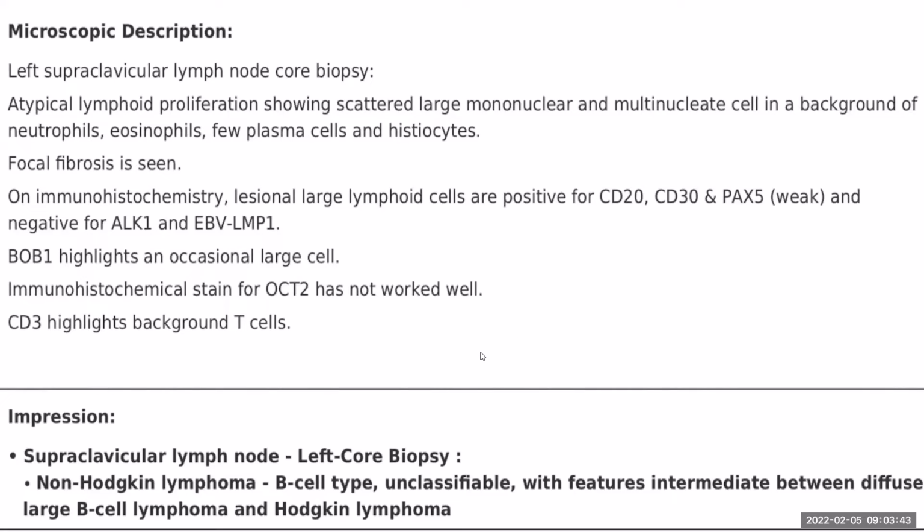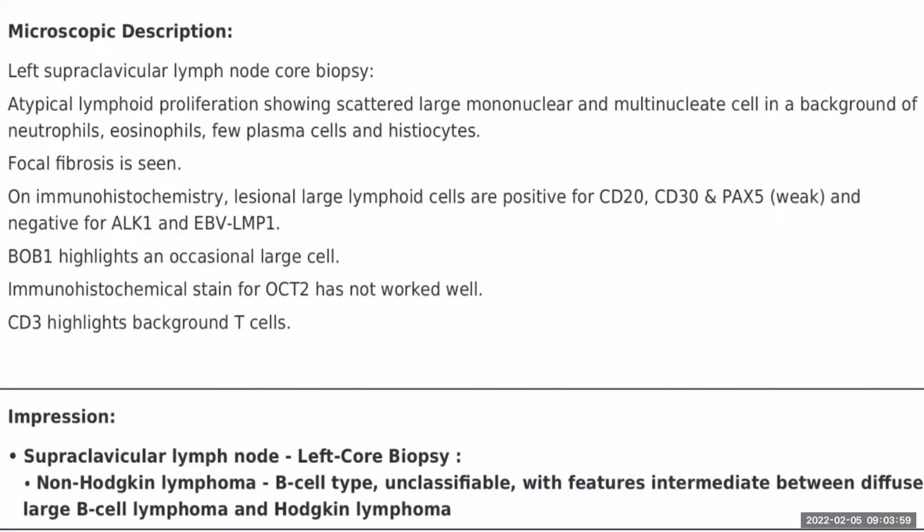The cancer cells are large cells, and they are positive for CD15 and CD30. PAX5 may also be positive.